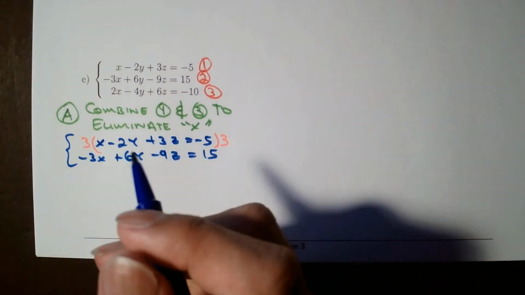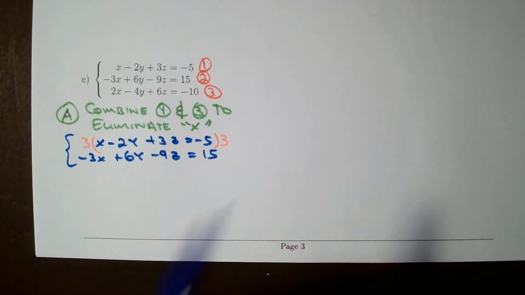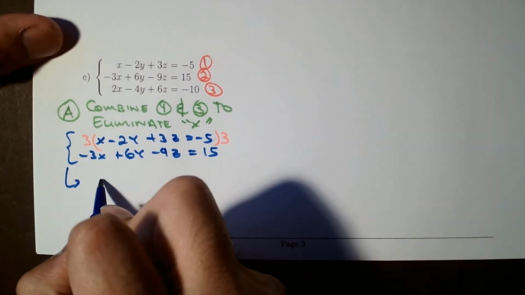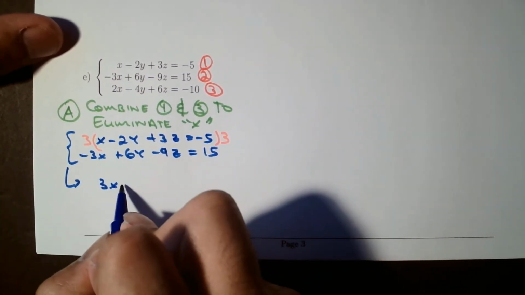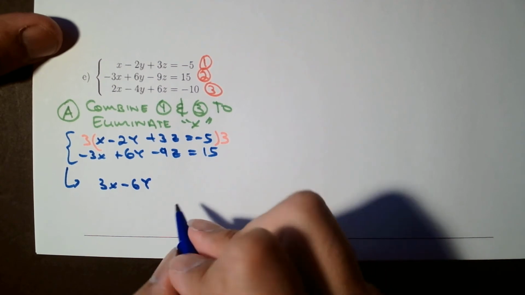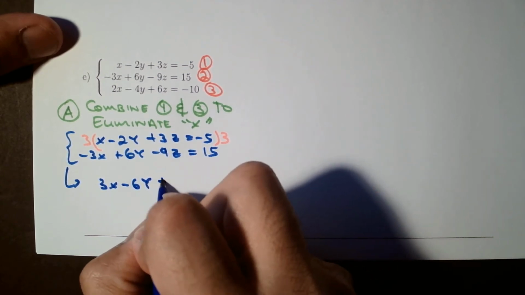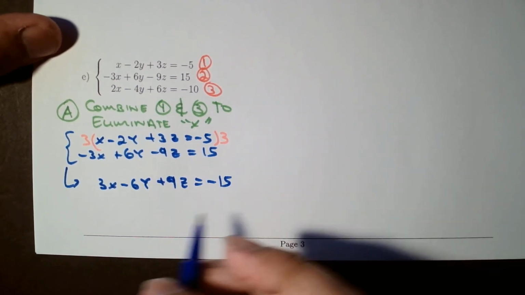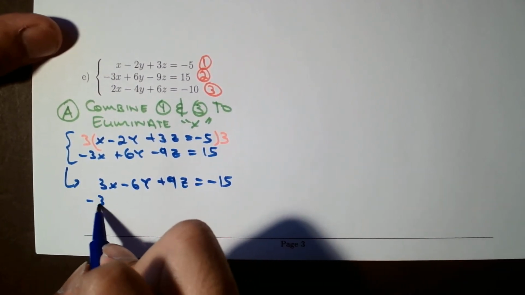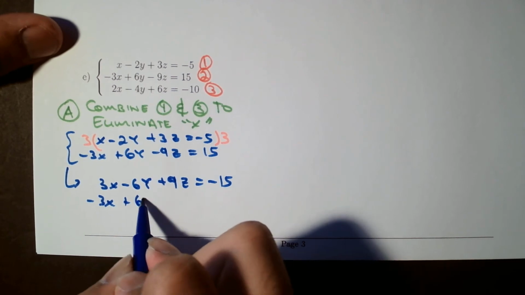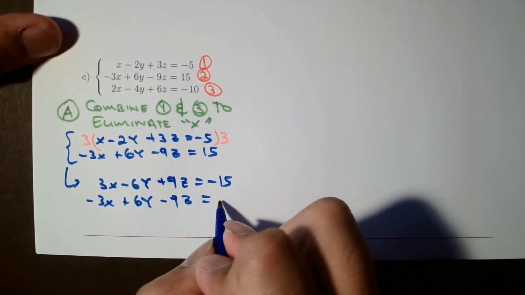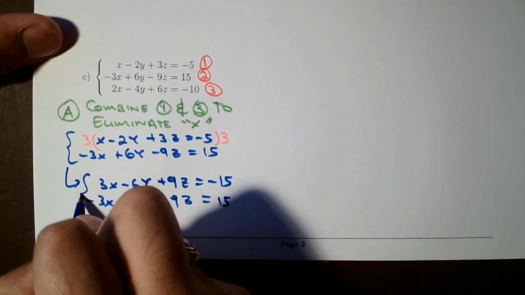So when we do this, let's rewrite the systems, and we're going to get 3x minus 6y plus 9z equals negative 15. The second equation remains the same, negative 3x plus 6y minus 9z equals 15. Look what's going to happen here.